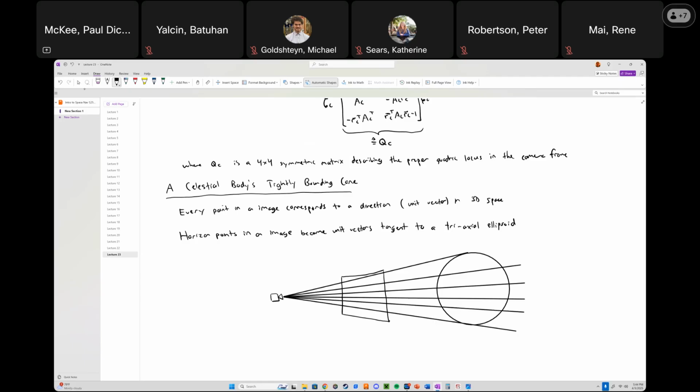Nice. Okay, so let me turn off automatic shapes.